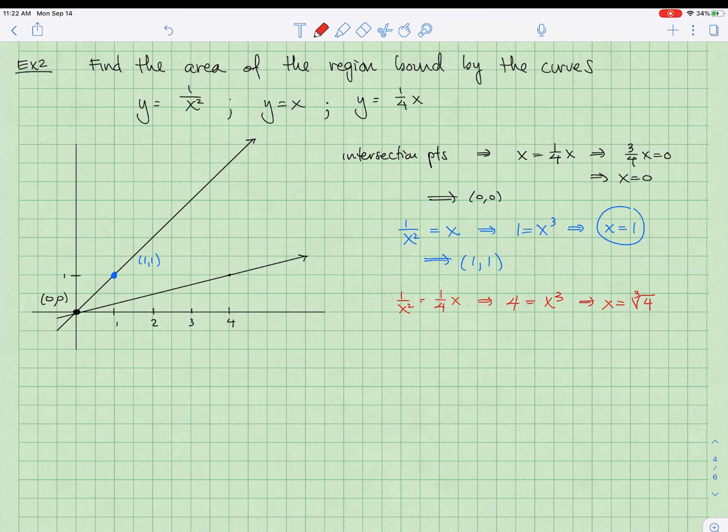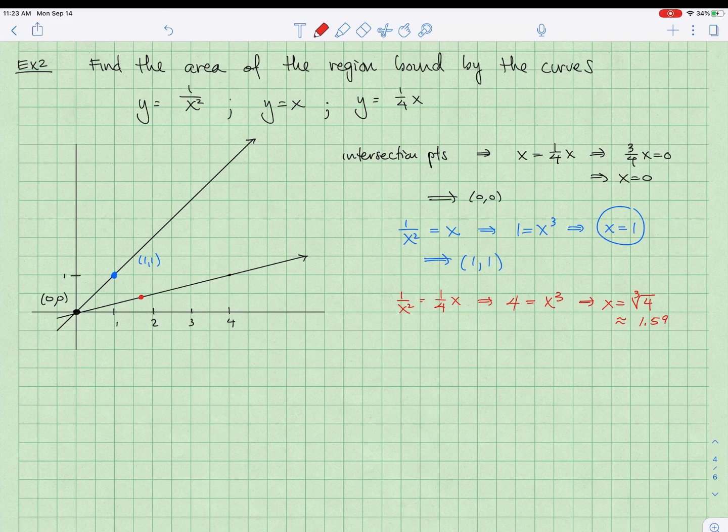So the cubed root of 4 is approximately 1.58, about 1.59, or about 1.6. So somewhere in here, something like that.